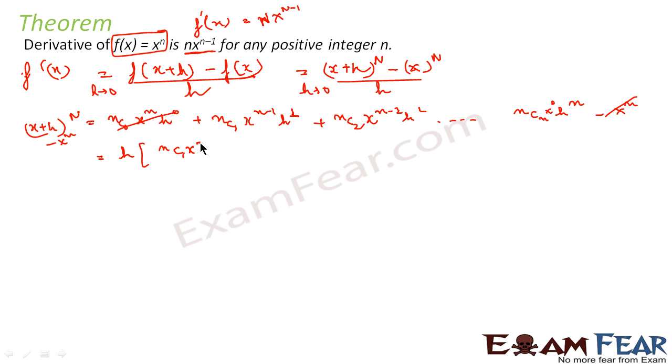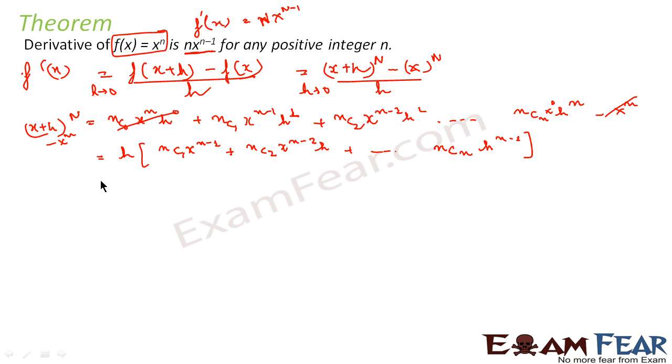This becomes nC1 x to the power n minus 1, plus nC2 x to the power n minus 2 h, plus and so on, till nCn h to the power n minus 1.